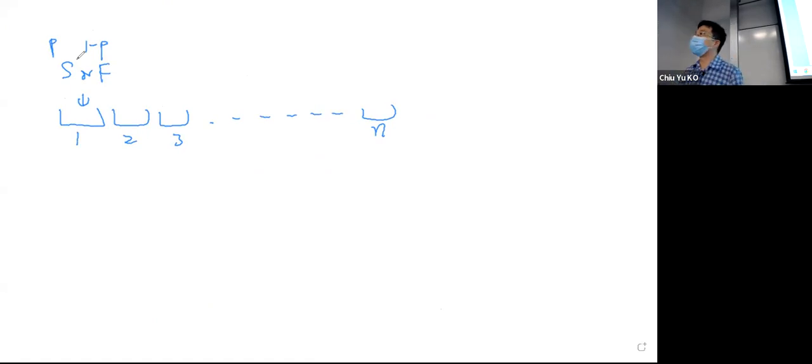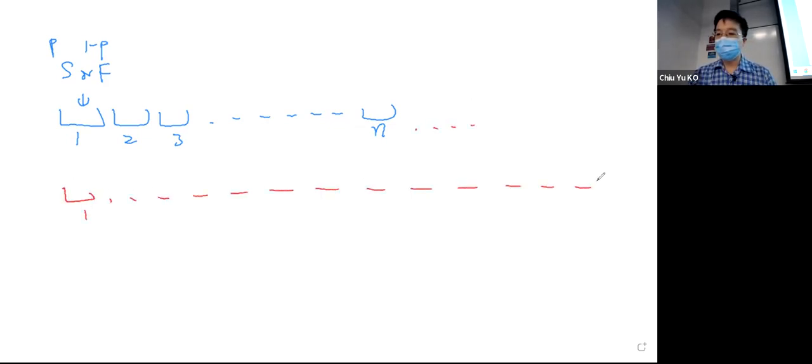There's no time dimension here. Now consider another related case where n is very large, so we just keep going on, from 1 up to many. This is very big. And the probability of the event of success, p, is very small.